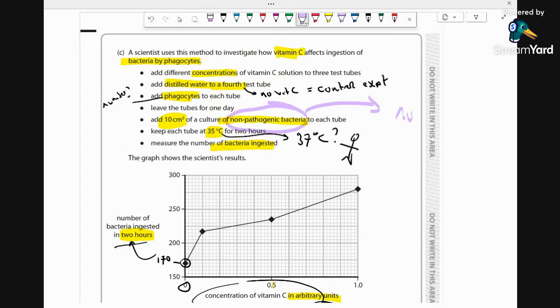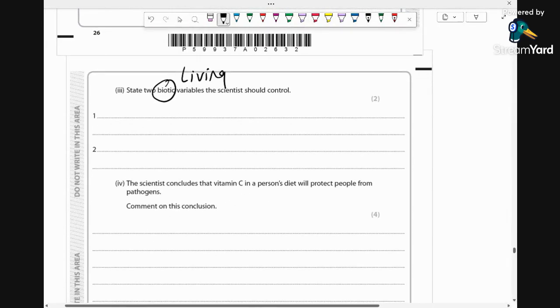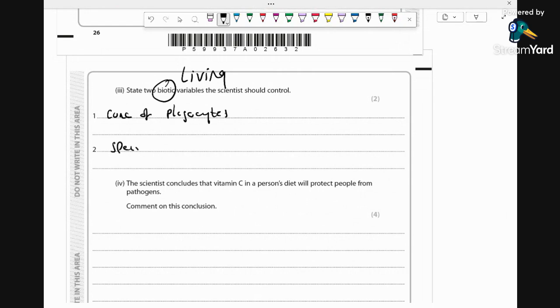So number, species. Also the phagocytes, again, number or concentration, perhaps. So I think they're the most obvious things. So the concentration of phagocytes and the species potentially of bacteria added.